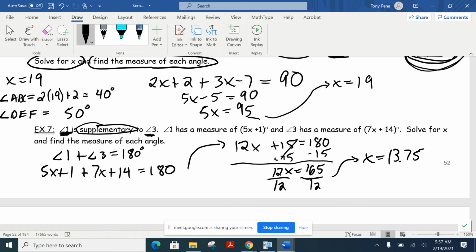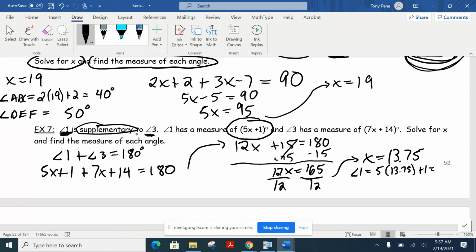Go through, find your angles. So angle 1 is 5x plus 1. What do you got there, Ahmed? I actually did the other one. But what'd you get for the other one then? I can do it. I'll get my calculator.